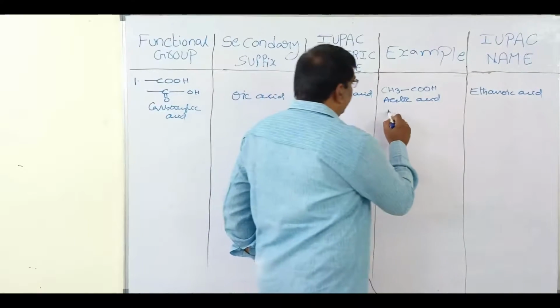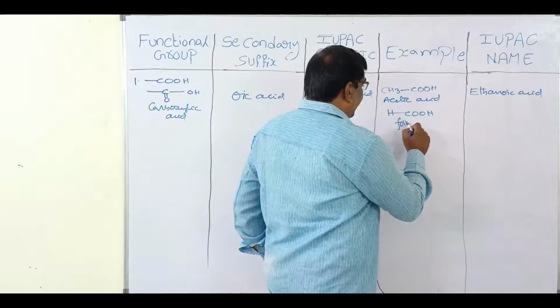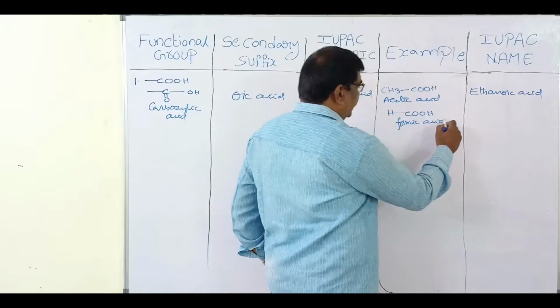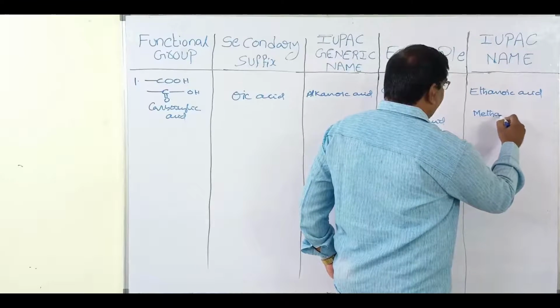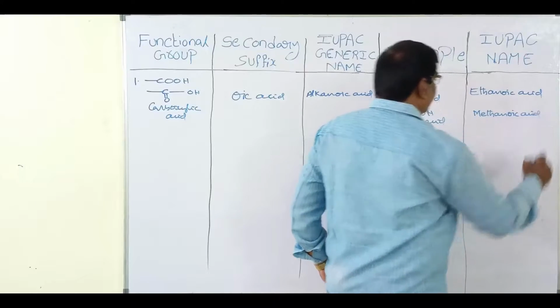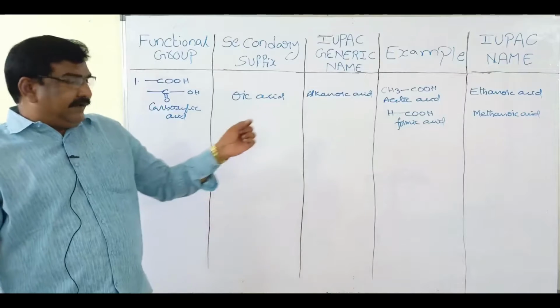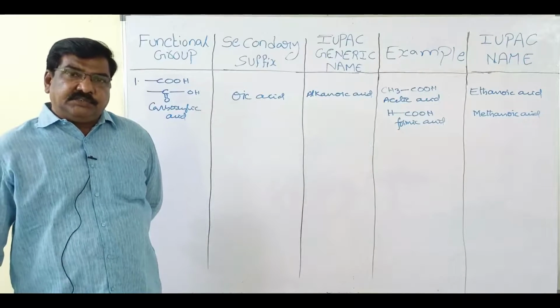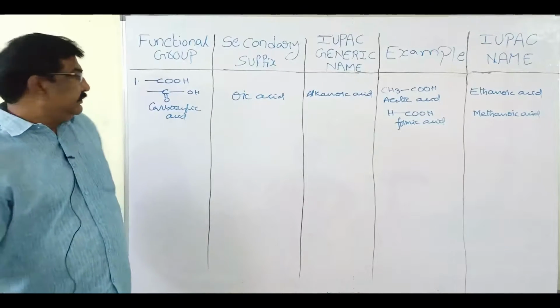One more example, HCOOH. It is commonly known as formic acid. Its alkane is methane. In place of E, write oic acid, and its name is methanoic acid. Likewise, with three carbons and COOH, propanoic acid, butanoic acid, like that.